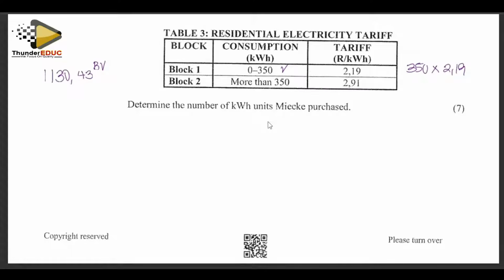If I only used block 1, we need to find out how much he could pay. Block 1 is 350 times 2.19.